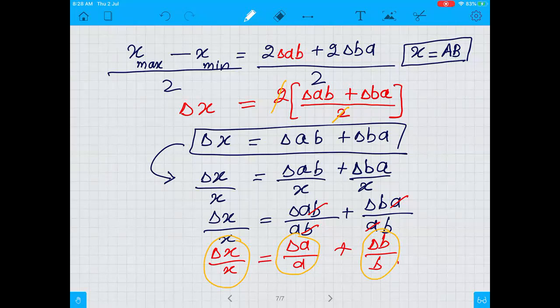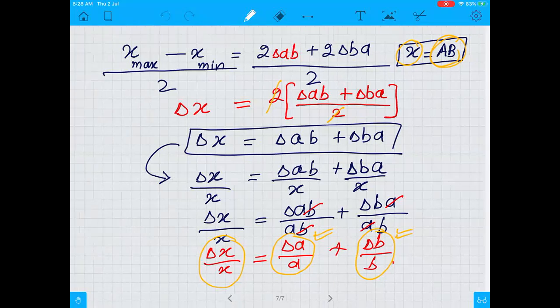So if you multiply a and b, you'll get x. However, if you add fractional uncertainty of a and fractional uncertainty of b, then you'll get the fractional uncertainty of the answer. So we need to write this in words.